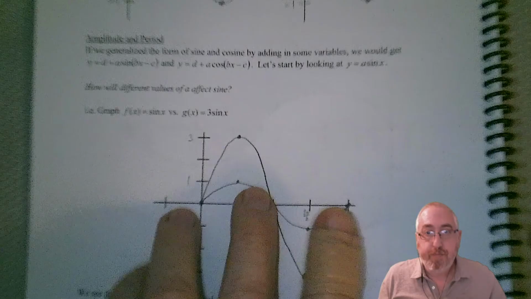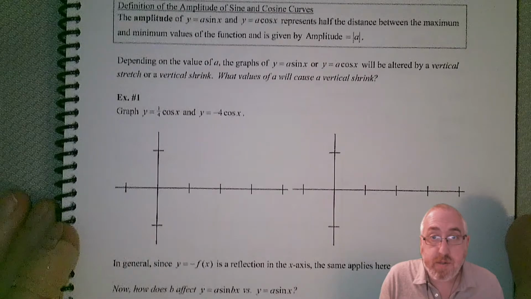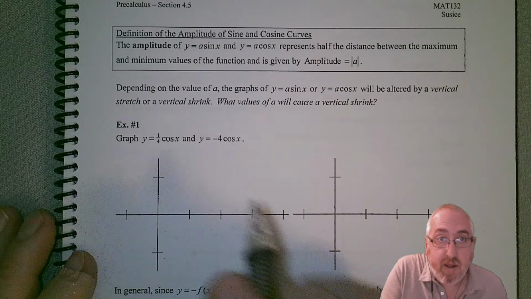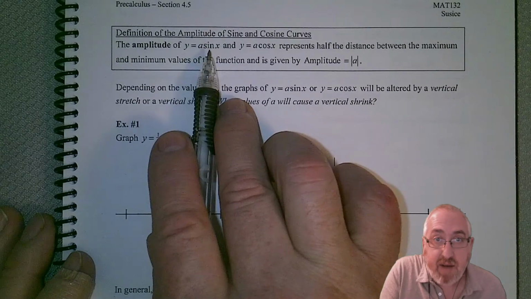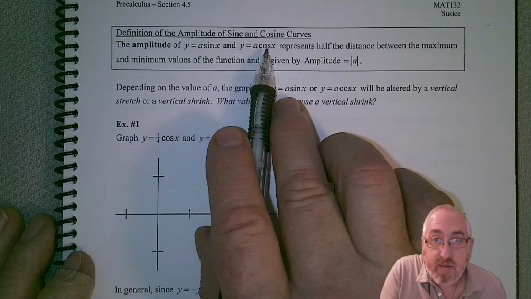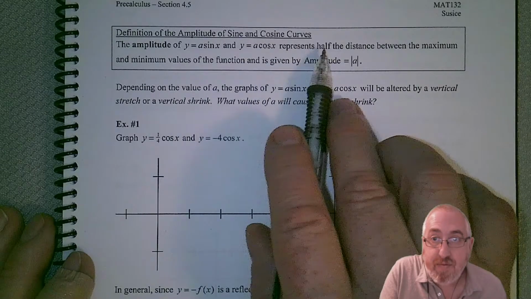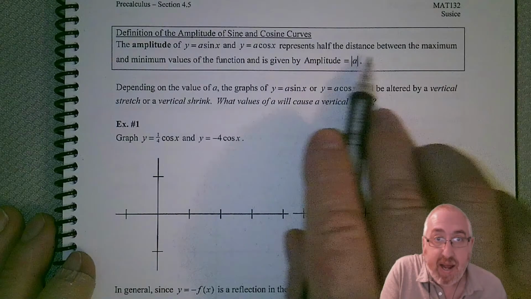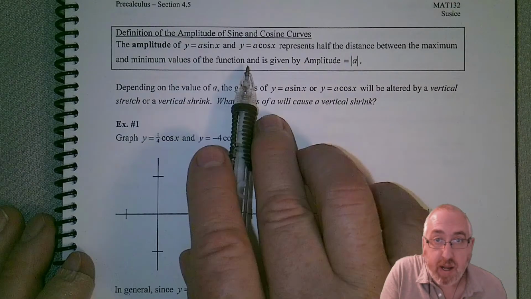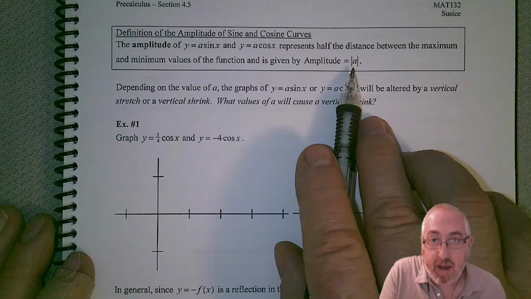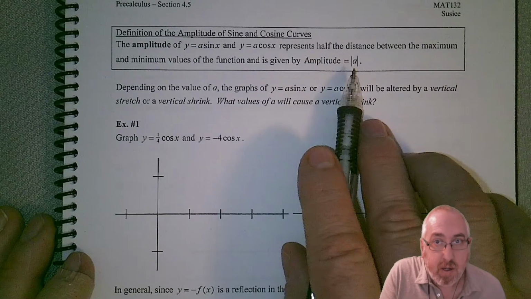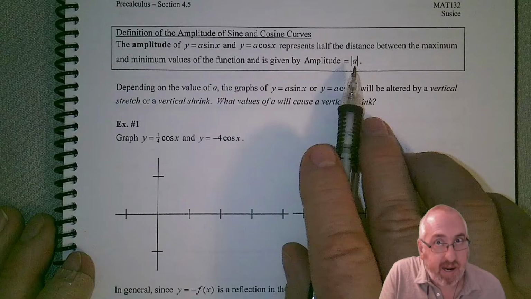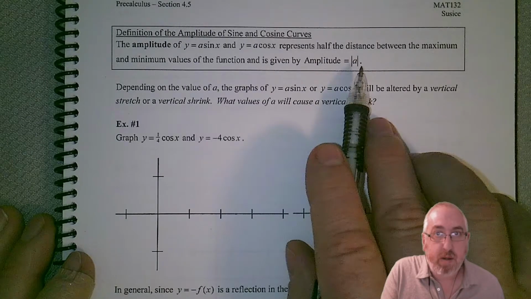So in general terms, we can say that the amplitude of y equals a sine of x and y equals a cosine of x represents half the distance between the maximum and minimum values of the function, and is given by the amplitude equals the absolute value of a. So very important to know that the amplitude should always be a positive number, never a negative number. So that's why that absolute value is so important.